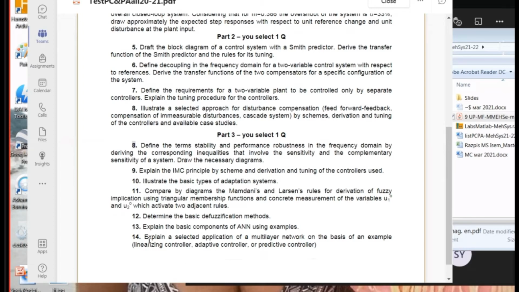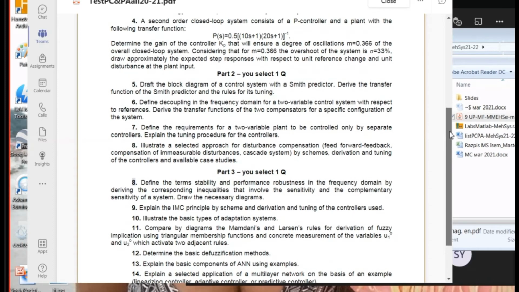So I will make a combination of questions during the test, an individual combination for each of you. For instance, the first on my list will take the first question from part 1, first from part 2, and first from part 3.